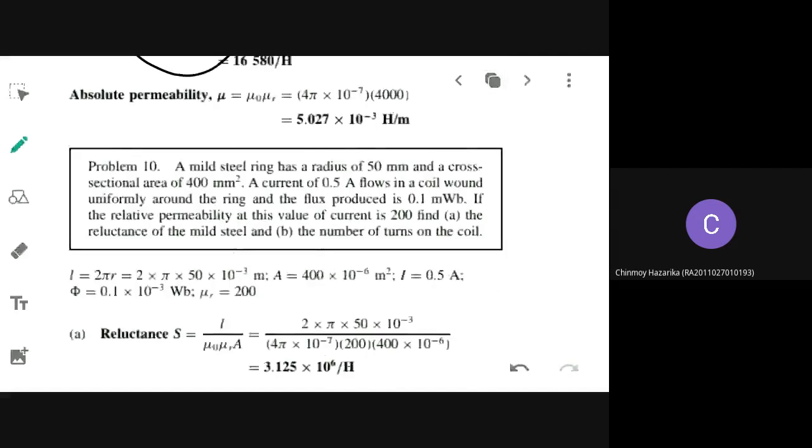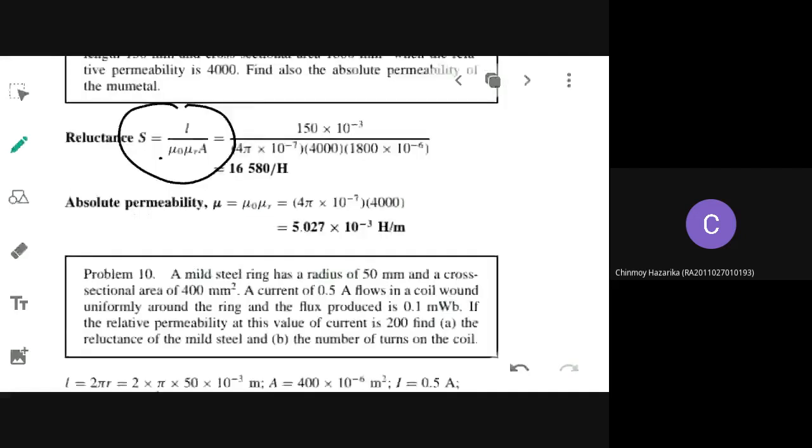You have to tell me the answer. Easy problem only. Everything you have to convert into meter squared, meter, Weber. L is the mean length given by 2 pi r or pi d. Here radius is given, so we will usually use 2 pi r.